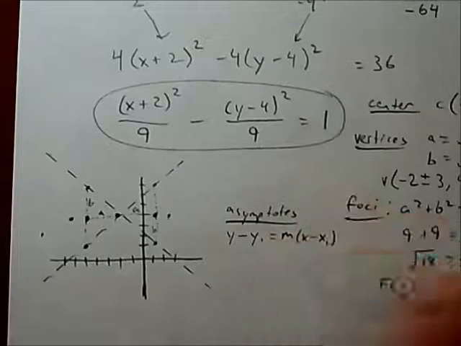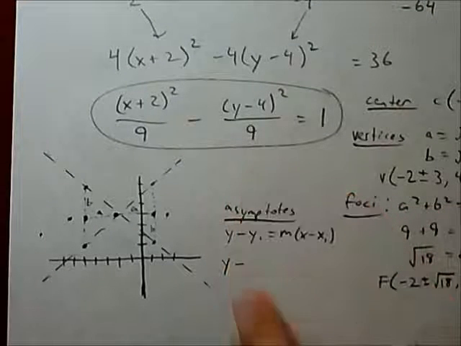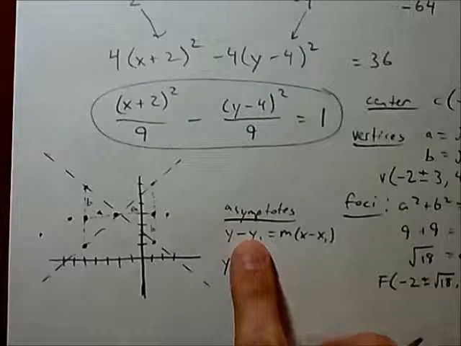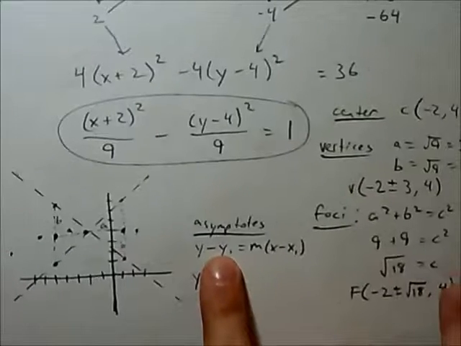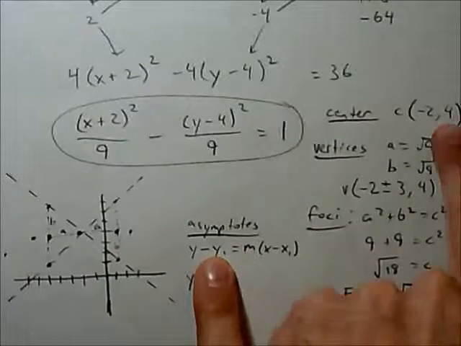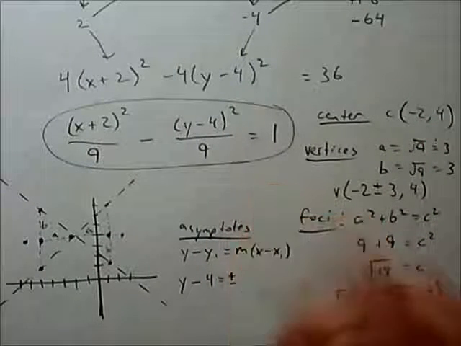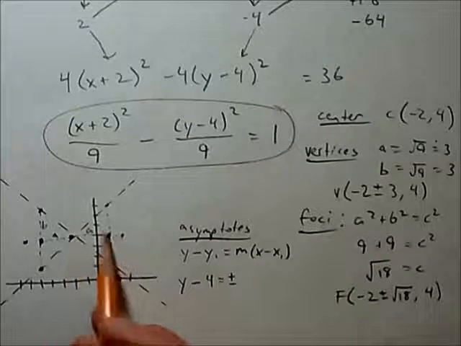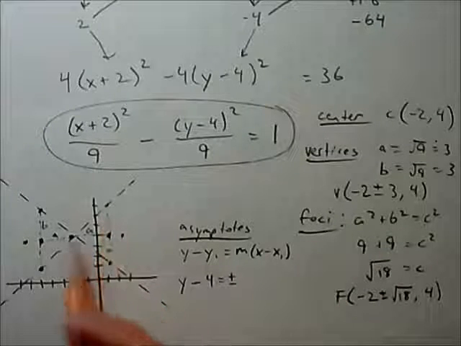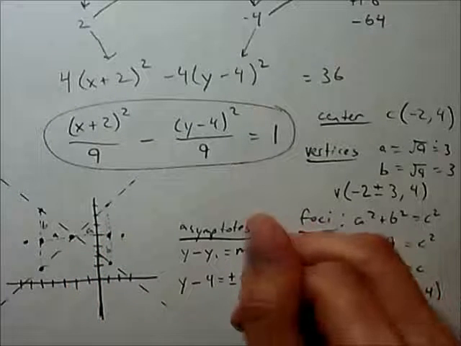And the equations, y minus the y value again from the center, which is 4, equals plus or minus the slope. 3 is the rise, 3 is the run. So it's 1.